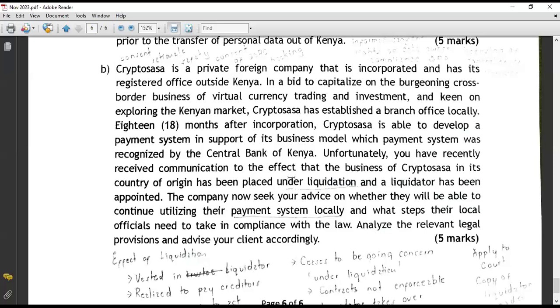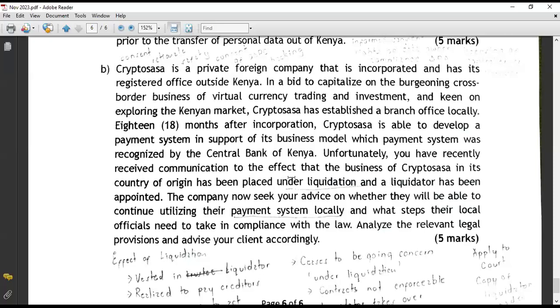Unfortunately, they have received communication to the effect that the business of Sipatosasa in its country of origin has been placed under liquidation and a liquidator has been appointed. The company now seeks your advice on whether they will be able to continue utilizing the payment system locally and what steps the local officials need to take in compliance with the law. Analyze the relevant provisions and advise your client.